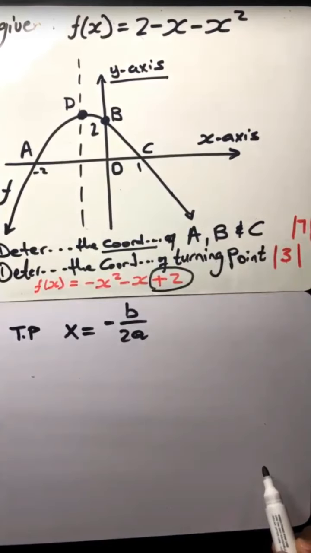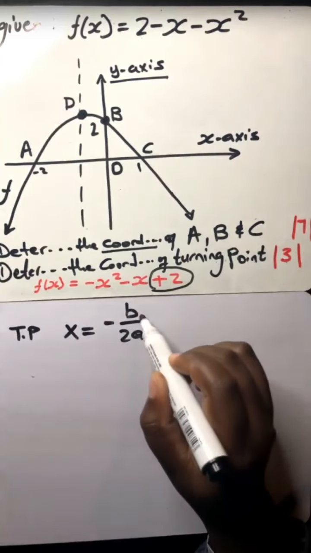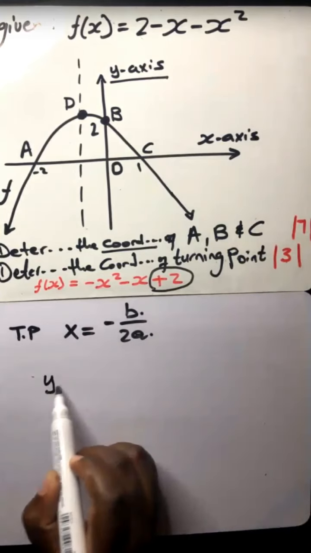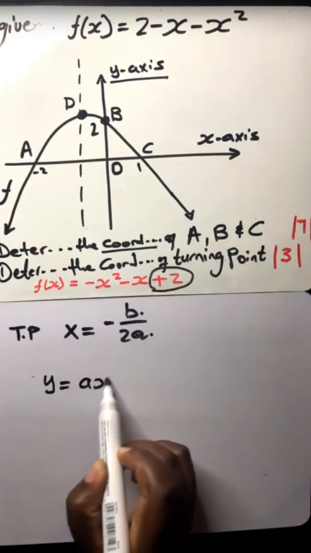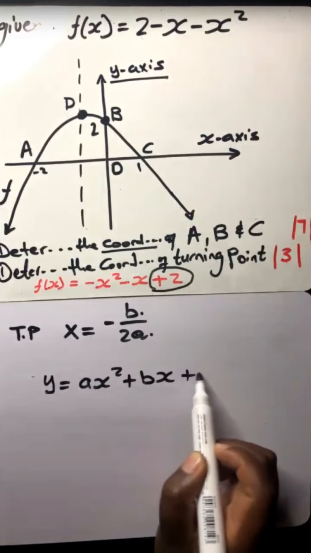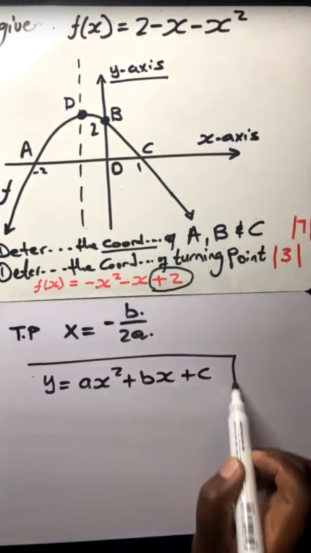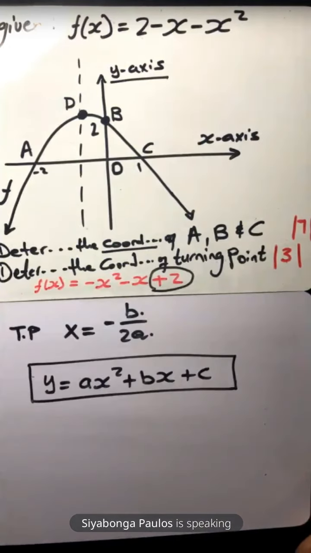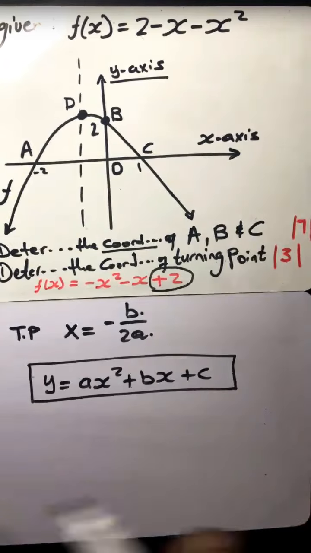So what is the value of a? What is the value of b? The value of B is -1. The value of A is also -1. 100%.